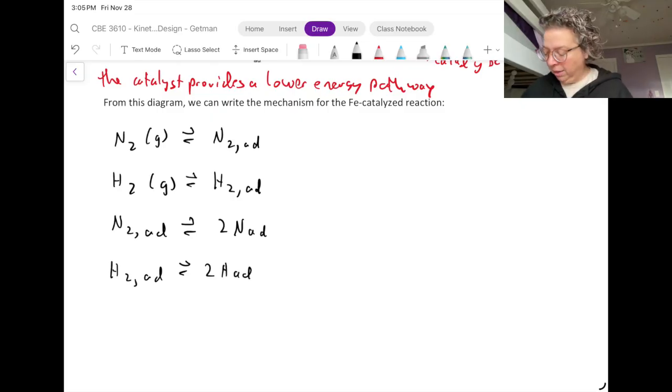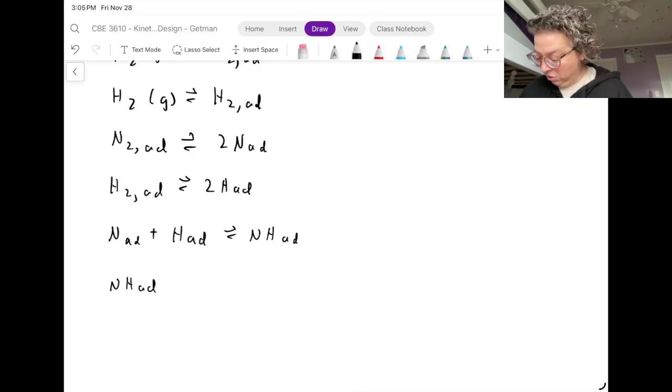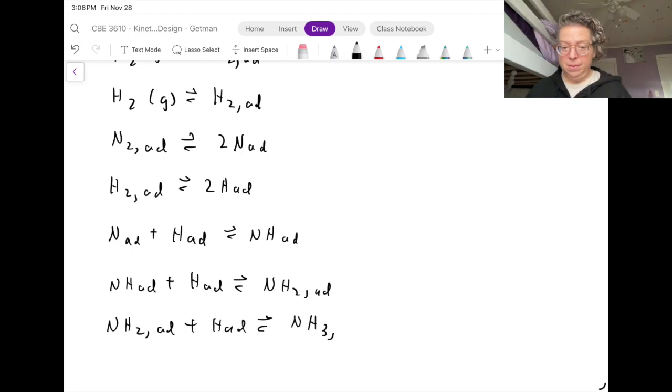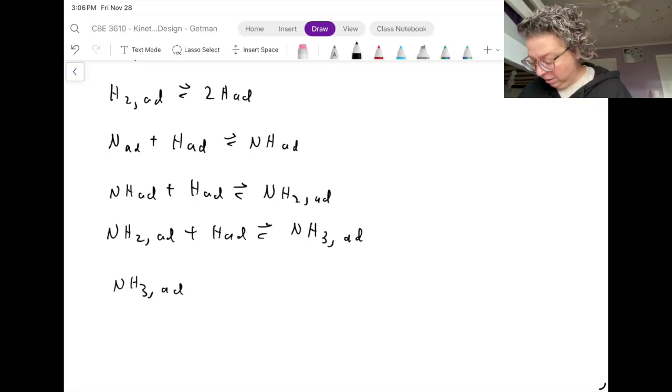Then I'm going to start reacting these species. Adsorbed nitrogen reacts with adsorbed hydrogen to form adsorbed NH. NH reacts with hydrogen to form NH2. NH2 reacts with adsorbed hydrogen to form NH3. Now we have our ammonia. Now we just need it to desorb. So adsorbed NH3 desorbs, forming our product, NH3 gas.